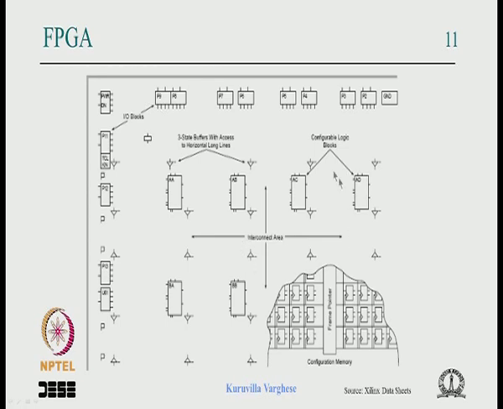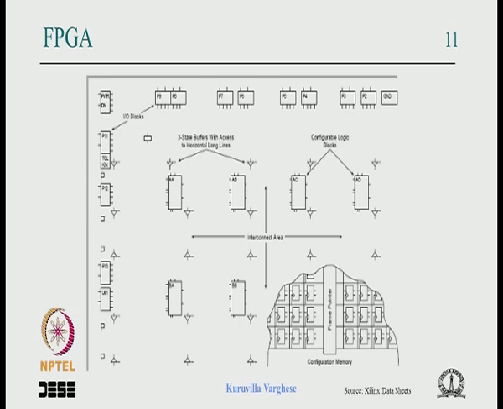So any reasonable circuit you place and route may not clock at 1 gig, maybe 200 or 300 megahertz. Sometimes, if it is too complex or you are not floor planning it properly, it might even go below 100.